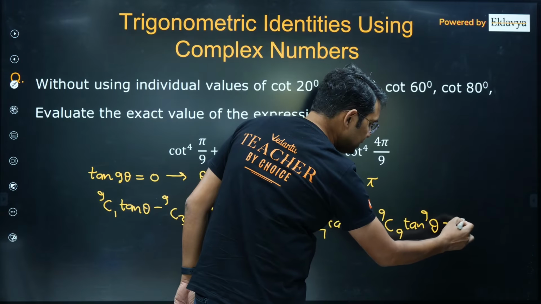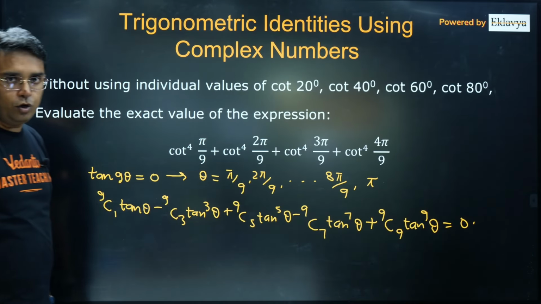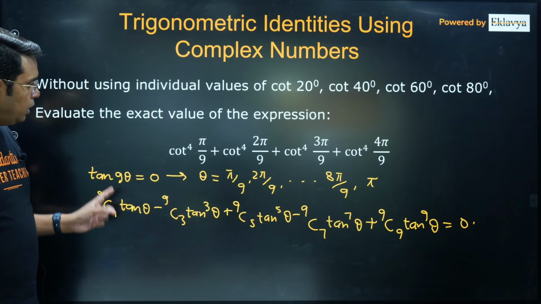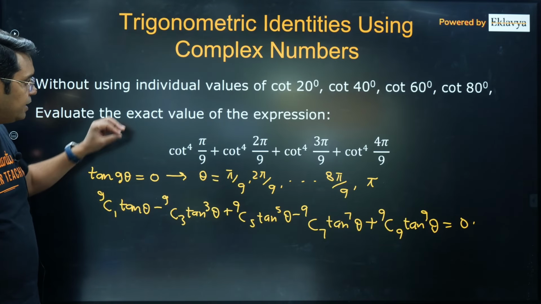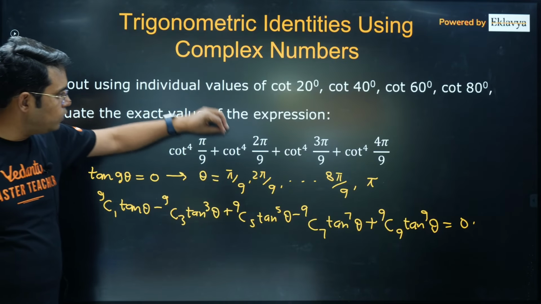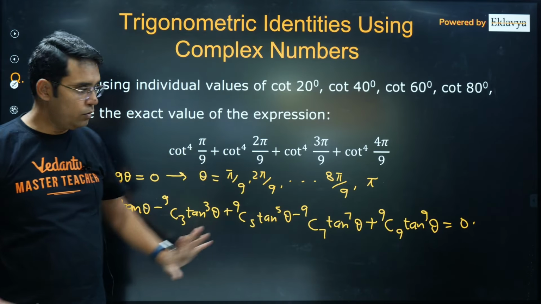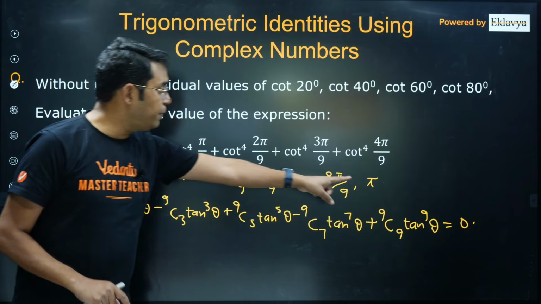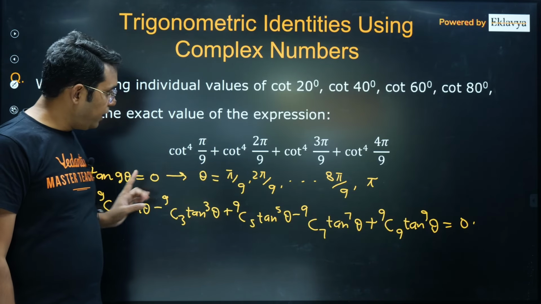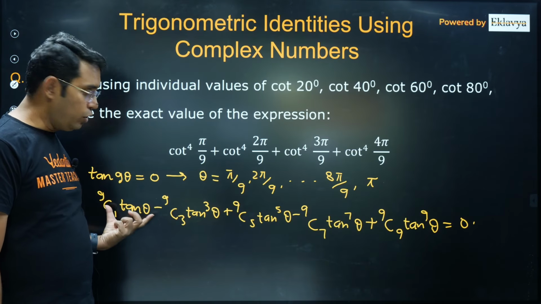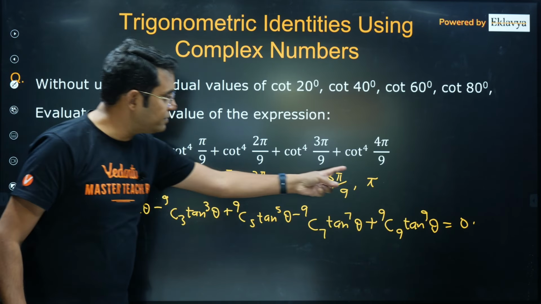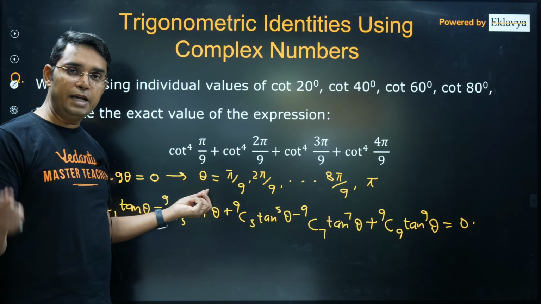Now you can see it is a 9 degree polynomial, and it will have 9 roots: tan pi by 9, tan 2 pi by 9, and so on. Here tan pi is not needed. In fact, tan pi is coming because of the factor of tan theta. You could have said tan pi, or you could have said tan 0 also.